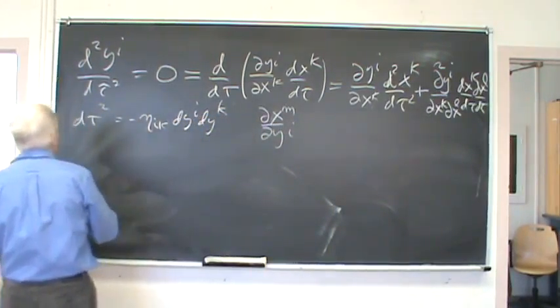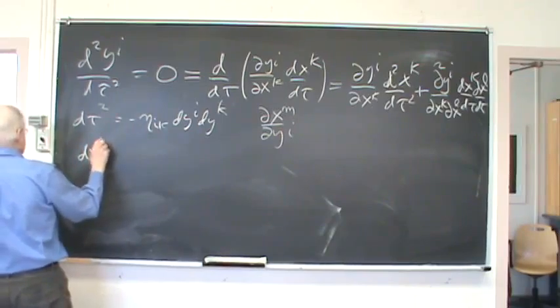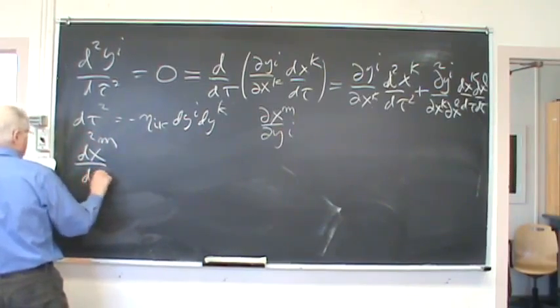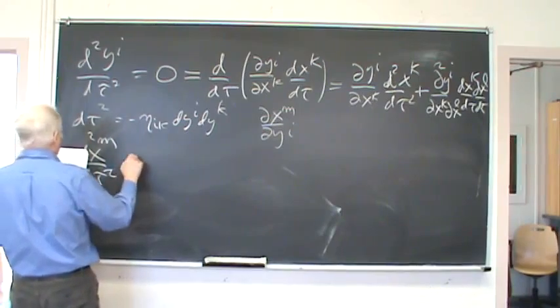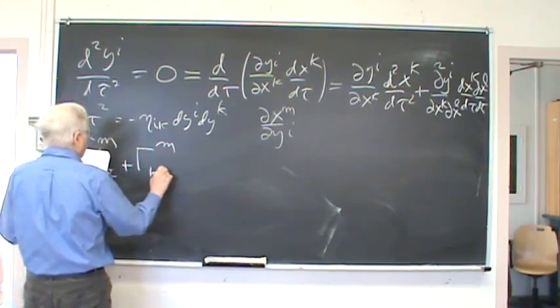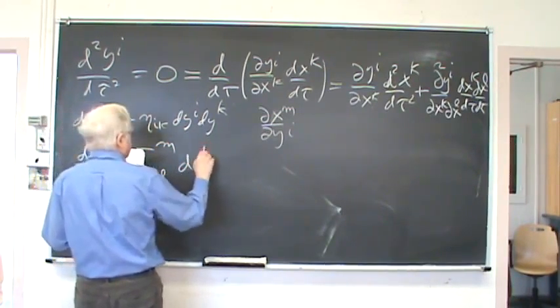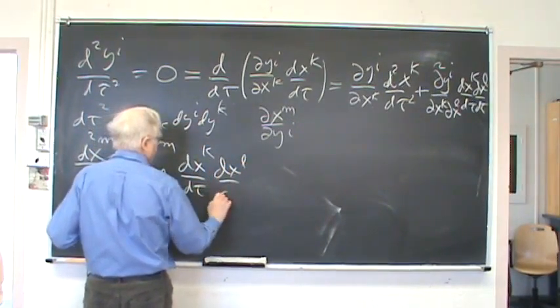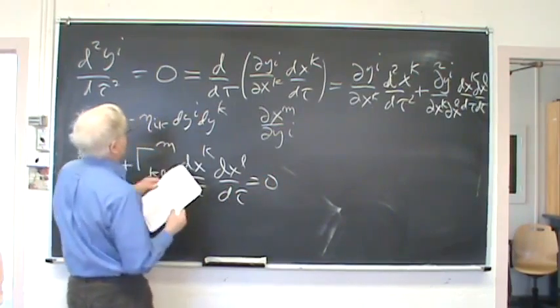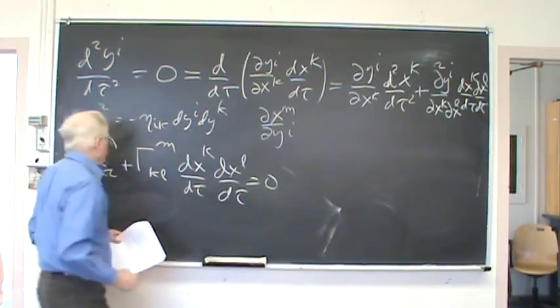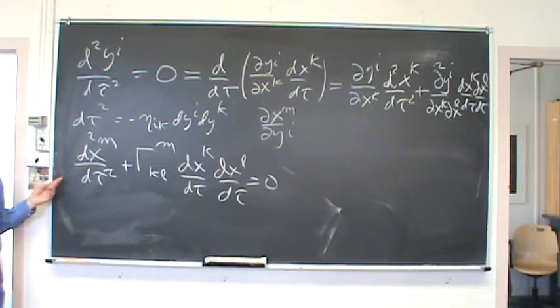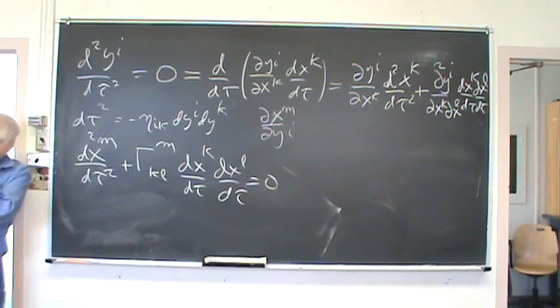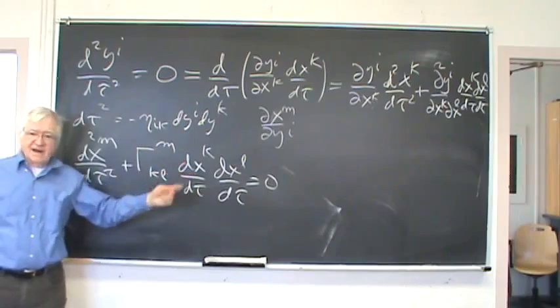And when we do that, we get this equation: d2xm d tau squared plus gamma m kl dxk d tau dxl d tau equals 0. So what we've derived then is the geodesic equation from the equivalence principle. This equation, of course, is the same as the one over there. It's just that I flipped the gamma to the other side.